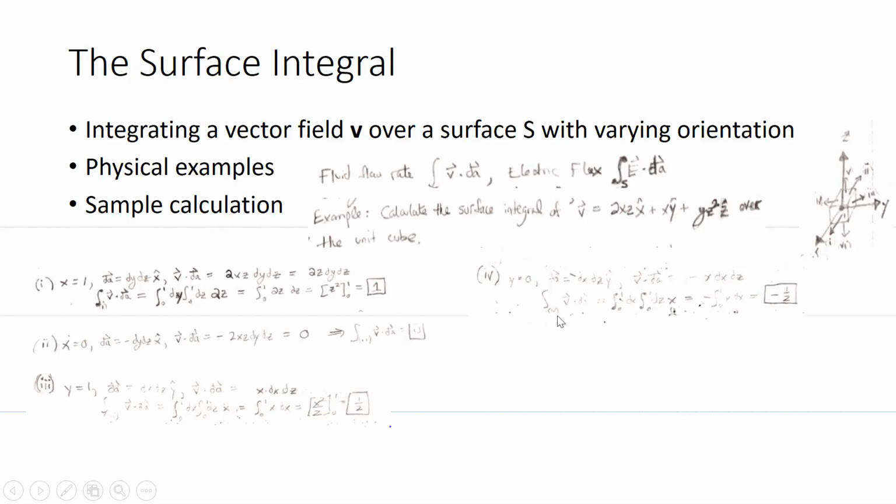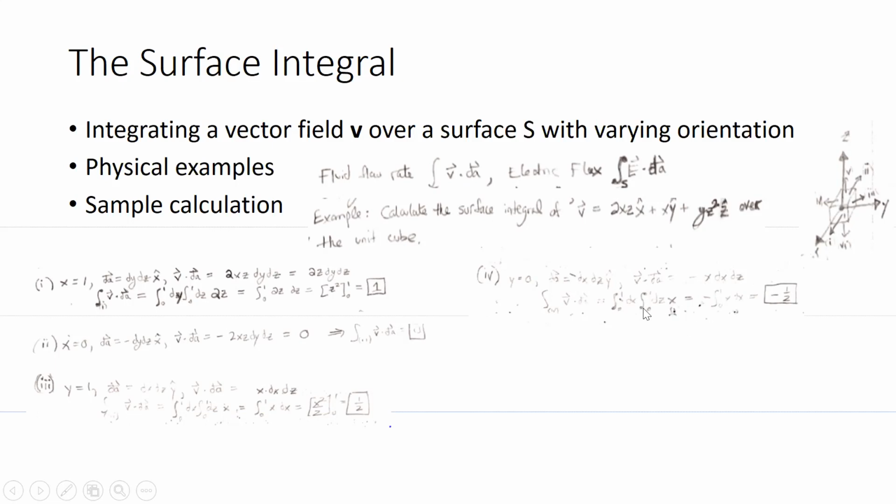So the integral at side 4 of v dot dA would be just minus the integral from 0 to 1 dx times the integral from 0 to 1 dz times x. Okay, so it's just like this one, except with a negative sign because the unit vector is coming out to the left here.